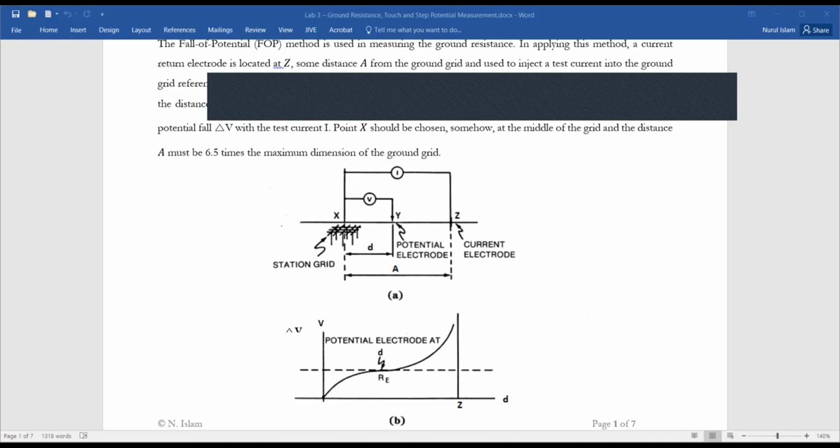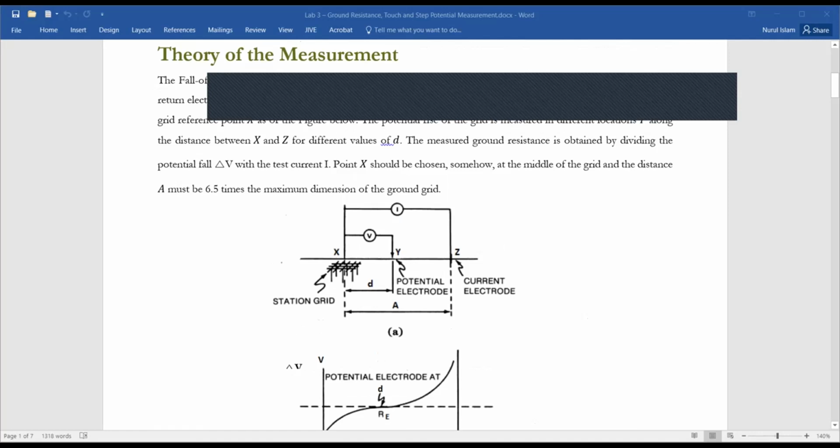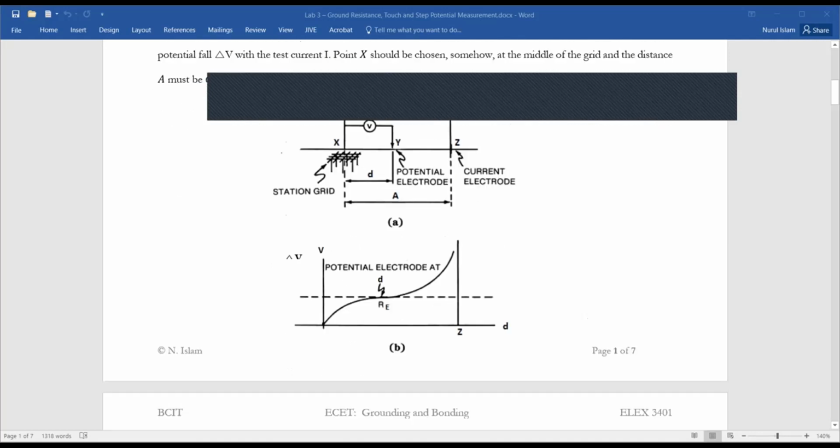And I told you that usually we'll have a flat area, and that flat area will start when you move your Y electrode from your reference point about 62% of this total distance.